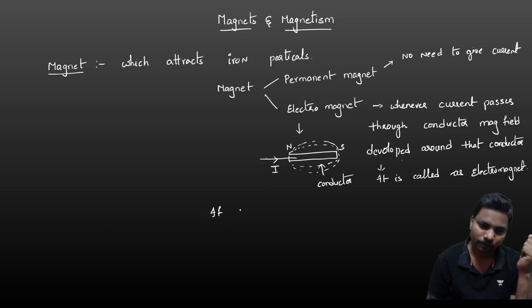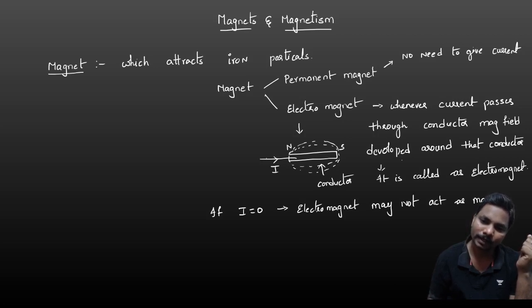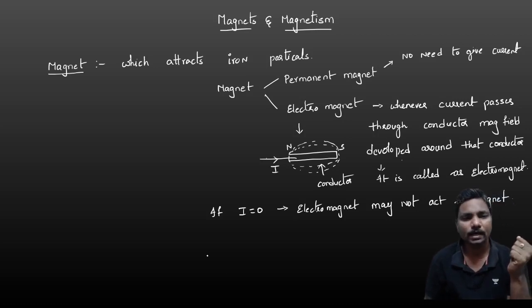If the current is zero, the electromagnet may not act as a magnet. As soon as current flows, only then it will act as a magnet.